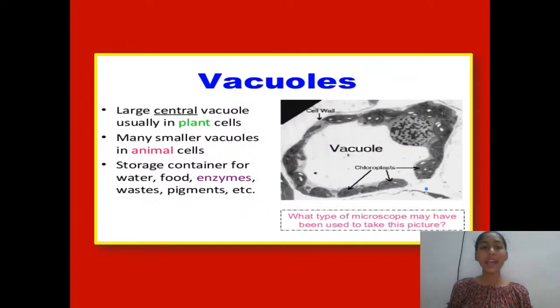Next topic is vacuoles. Vacuole is the large central vacuole, usually in plant cells. Vacuoles are present in both animal and plant cells, but in animal cells it is small, and in plant cells it is big. Okay?